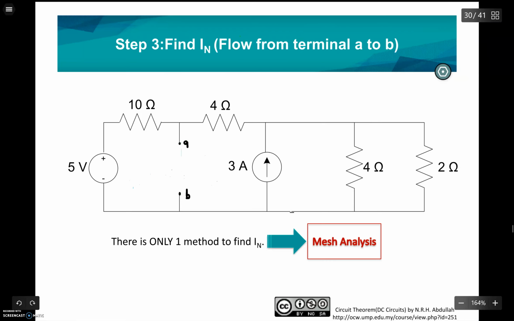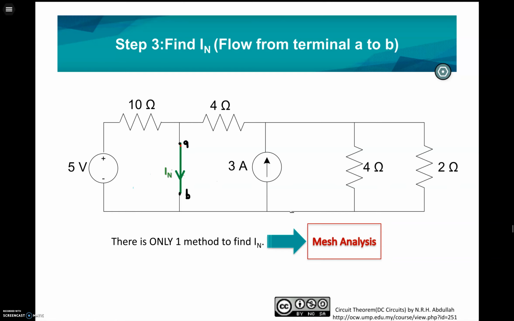In step 3, please find In flowing from terminal A to B. So it means that you have to connect one line from terminal A to terminal B. So this is In. There is only one method to find the In, which is the mesh analysis.